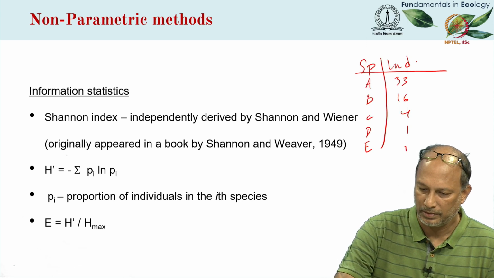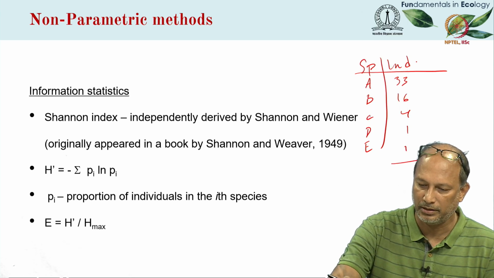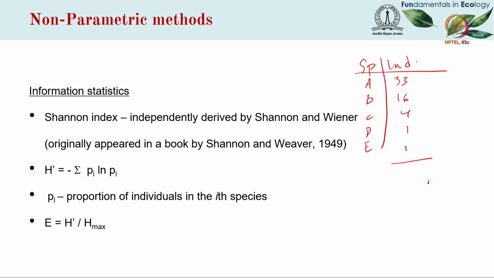Now, the total number that I have over here is 55, a nice round number, that's great. I can now calculate the proportion of each of these, the proportion of A, which is 33 by 55, proportion of B, proportion of C, proportion of D, and proportion of E.